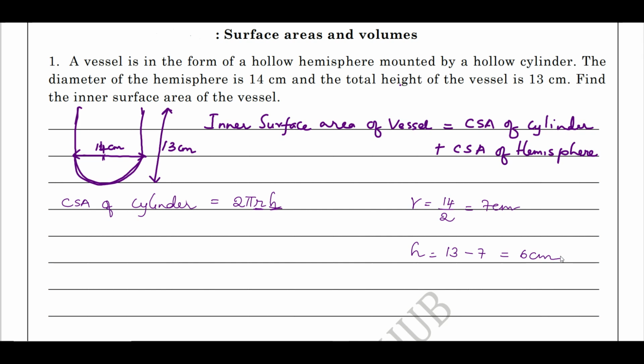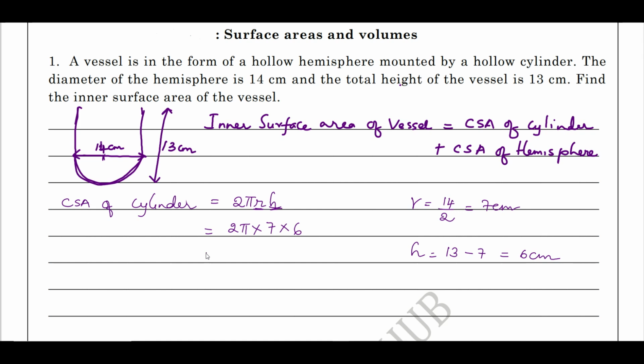Now substitute the values. 2 into pi. I'll keep the pi value as it is; when I add the CSA of the cylinder and the CSA of the hemisphere, I'll substitute the value of pi. The radius is 7, the height is 6.